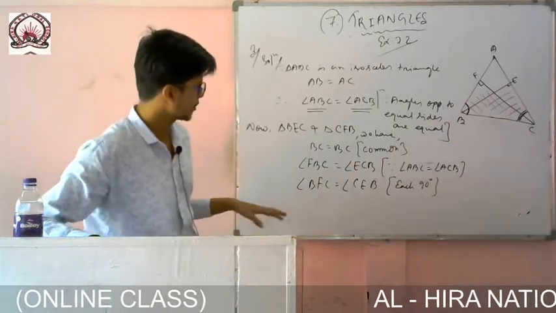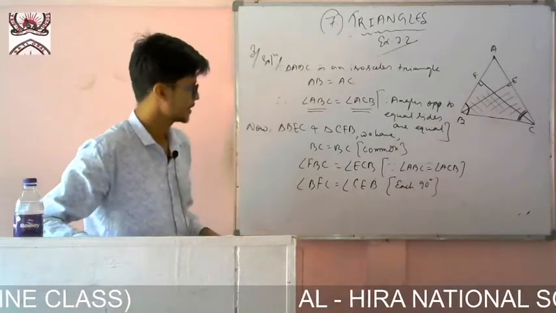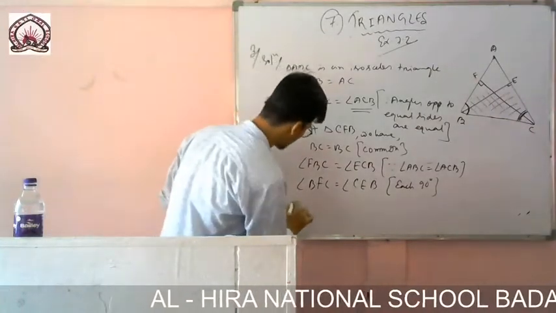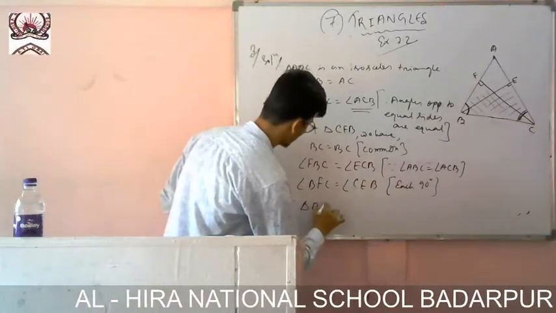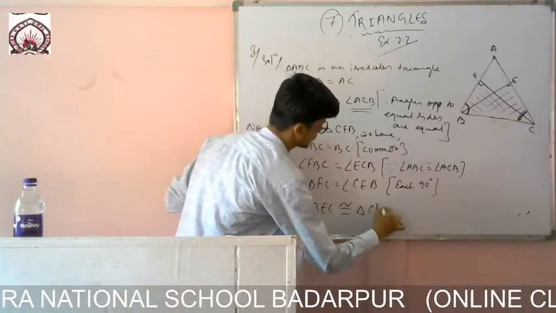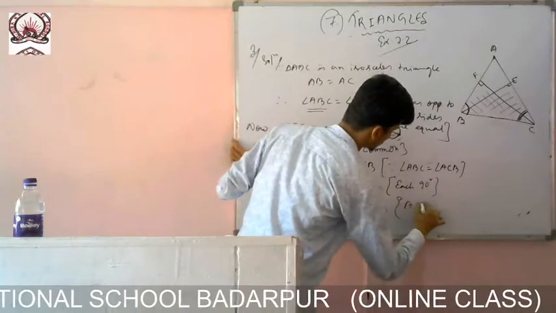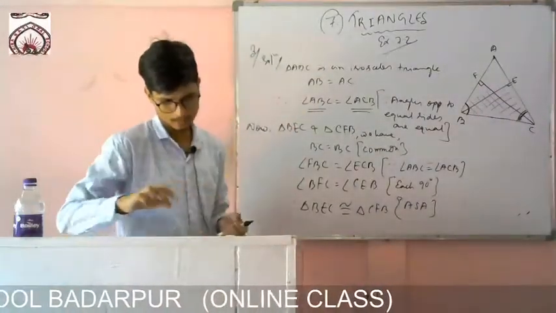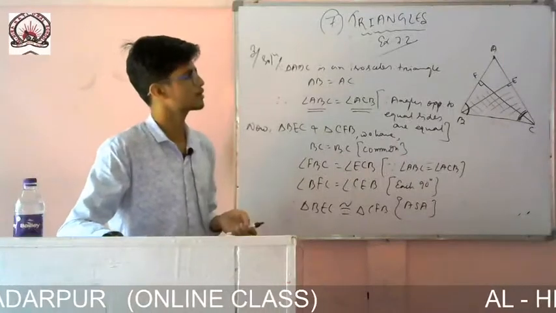Now you see I have two angles and one side, so by the angle-side-angle property these two triangles are congruent. So triangle BEC is congruent to triangle CFB, and the postulate I have used is angle side angle. If these two triangles are congruent, then their corresponding parts will also be equal.